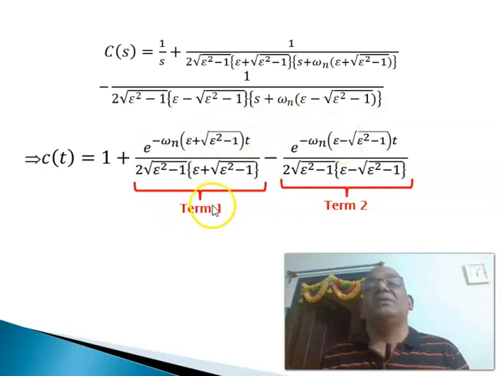If you consider this as term 1 and term 2, look here, this is of the form a plus b, and this is of the form a minus b. A plus b always is greater than a minus b as long as a and b are both positive quantities. So this whole negative exponent is more than this negative exponent.